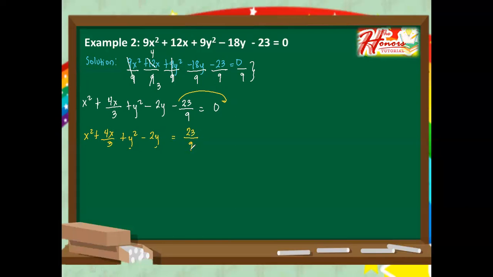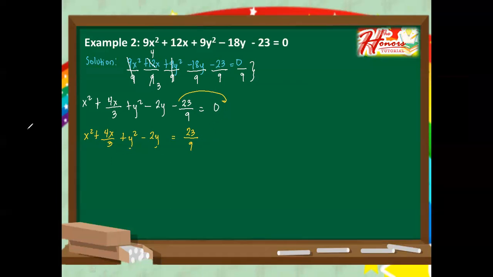Why is it positive? Because any number, term, or variable that you transpose to the right side or the left side of the equation will change to the opposite sign. When it is a negative number, it will become positive. If it is a positive number, it will become negative.